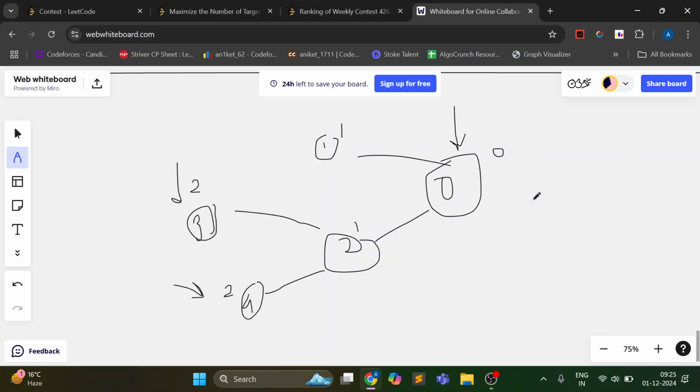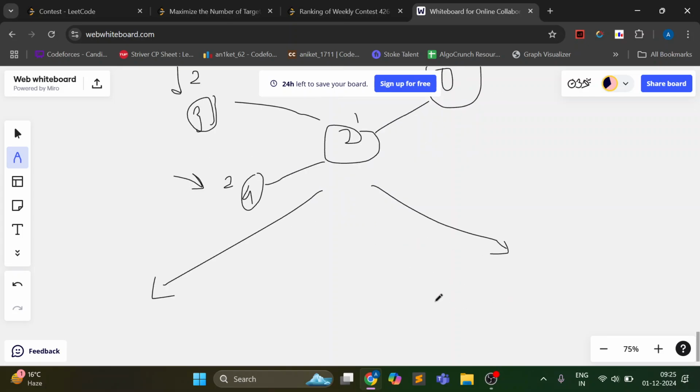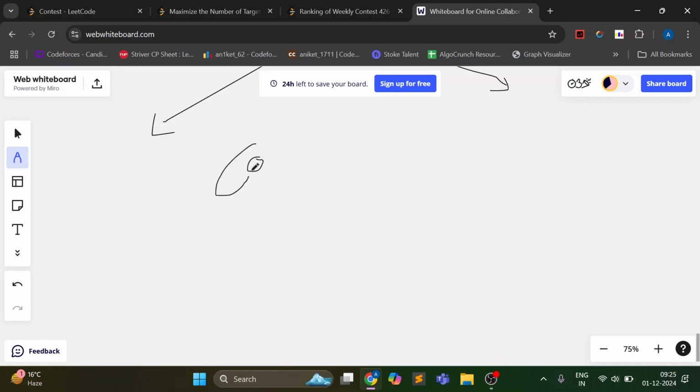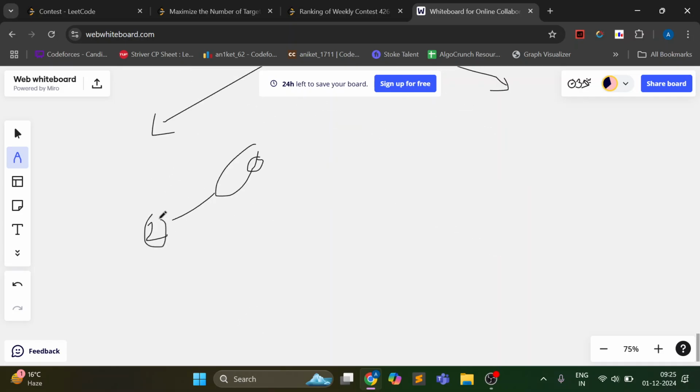Now try to understand this intuitively. There are two parts to this intuition. One is that there is a direct edge from the root node, so there is a direct edge from 0 to 2 and 4.